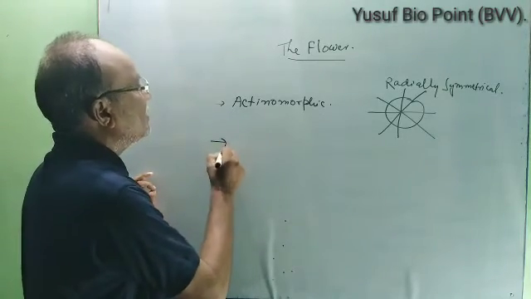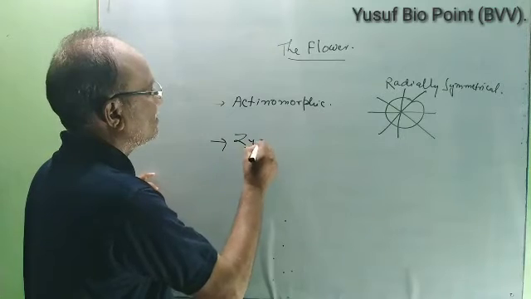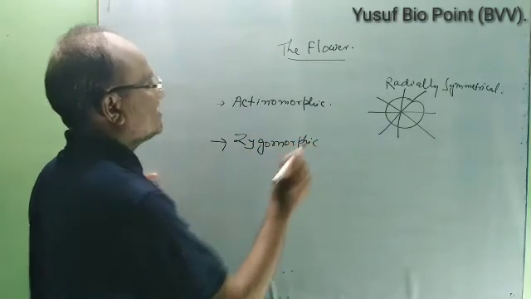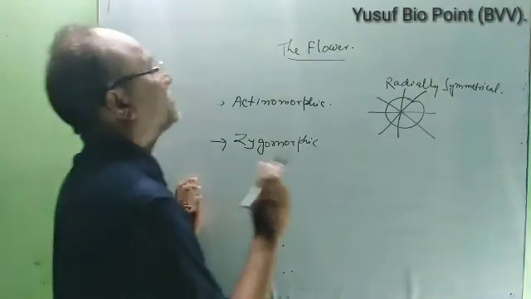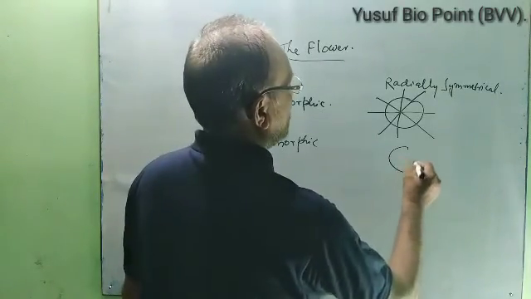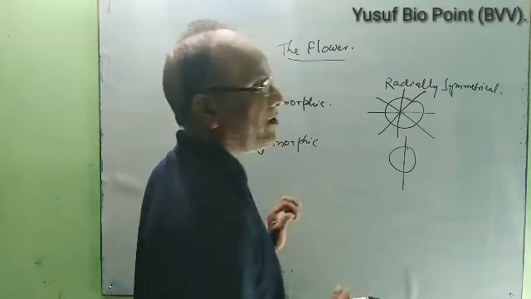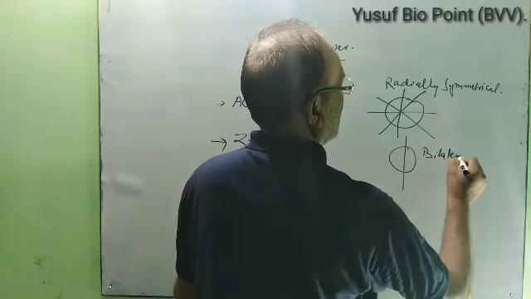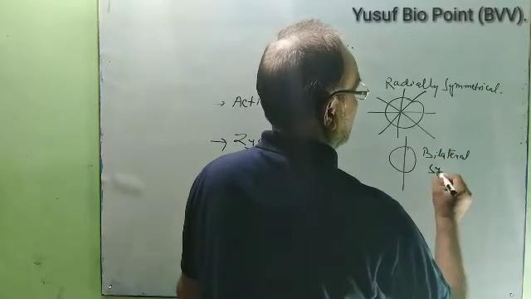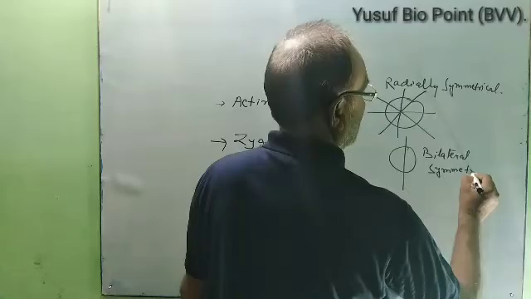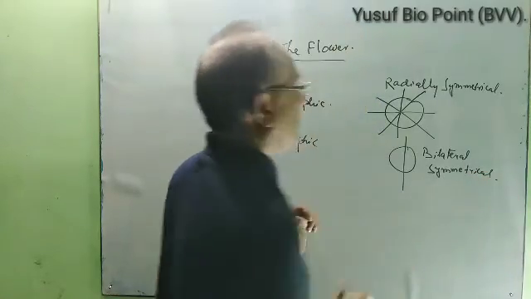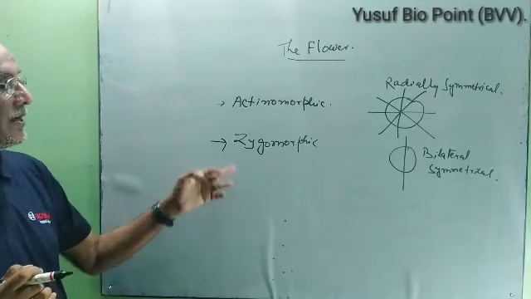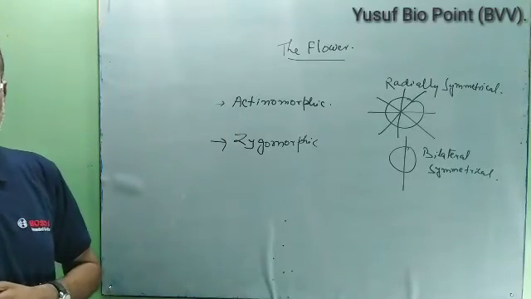And the next one is zygomorphic. If it can be cut into two halves only in one way, that is bilateral symmetry. Bilateral symmetrical is called zygomorphic, and this is called actinomorphic.